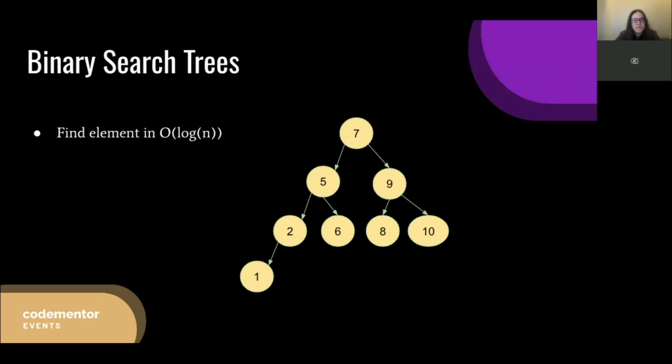binary search trees. It is a special type of tree, also called an ordered tree. In binary search trees, each element in the subtree on the right of the node is greater than each element on the left side of the node.